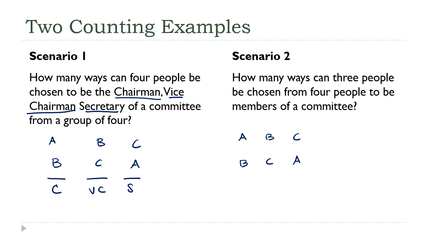Everybody ends up having the same rights and responsibilities. So scenario 1 is an example of the permutations that we talked about in the last lecture. Scenario 2 is the new thing that we're going to talk about in this one.